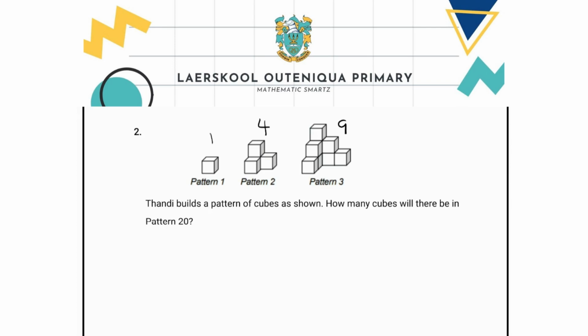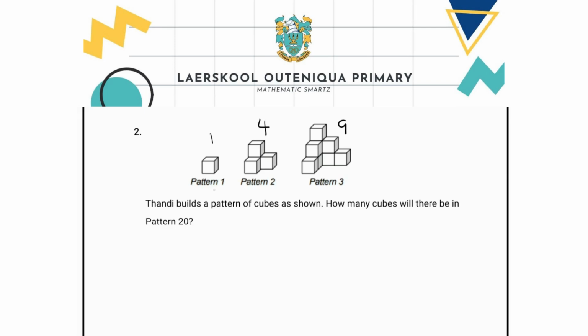So how am I going to determine how many cubes there will be in pattern 20? Well, I could draw all the patterns up until pattern 20 and count my cubes. However, there has to be an easier way. Do you see a relationship between your pattern number and the number of cubes? I could say that the pattern number times by itself will give me the amount of cubes.